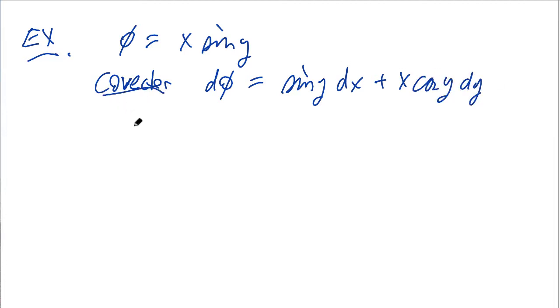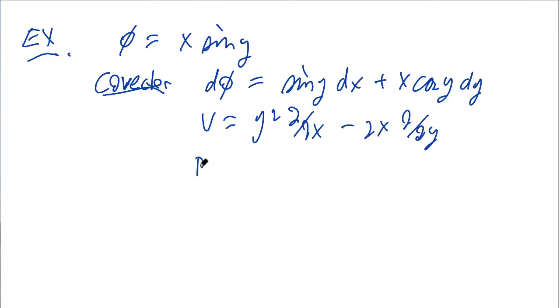And let's let this covector act on a vector, the same vector we used before, y squared d by dx minus 2x d by dy. And consider the point P defined by x, y equals 1, 2.